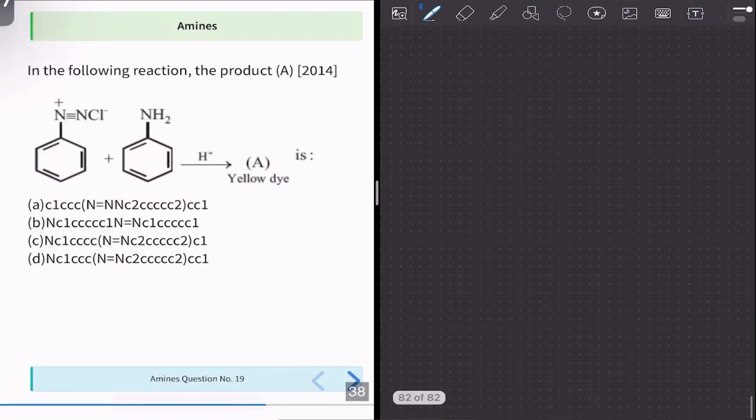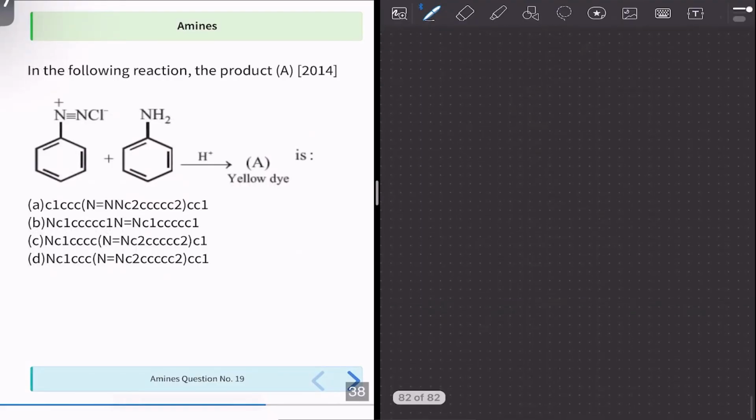In the following reaction, the product A is, so here is given the benzene diazonium salt plus aniline in acidic medium to give a yellow dye. What is the chemical formula of yellow dye? So let's draw the structures. N2 plus Cl minus plus aniline. Have you heard of any coupling reaction? Yes.